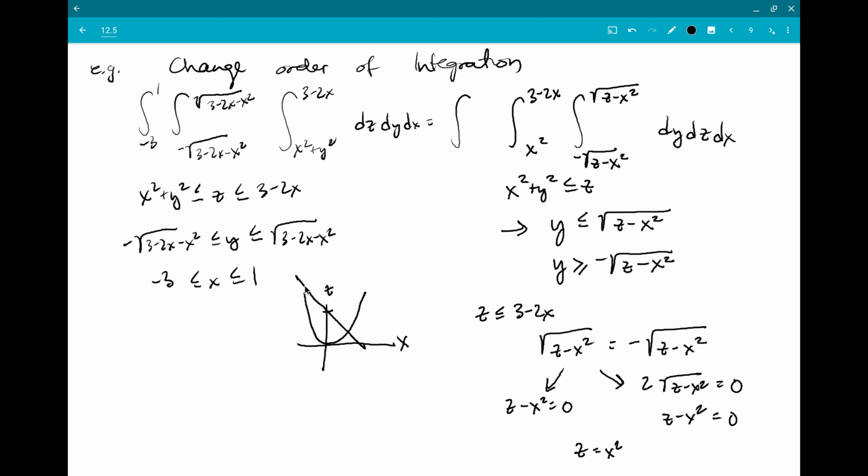So it must be that the top one is the line and the lower one is the parabola, because that's how it matches the picture. And this right here tells us the shadow of our surface down into that XZ plane. So that's cool.